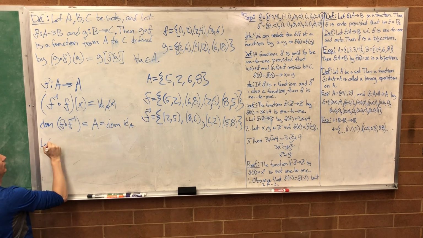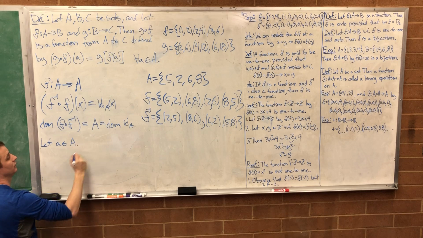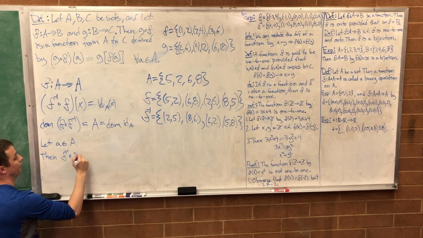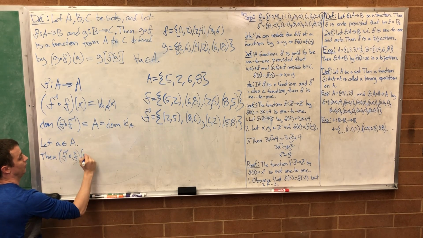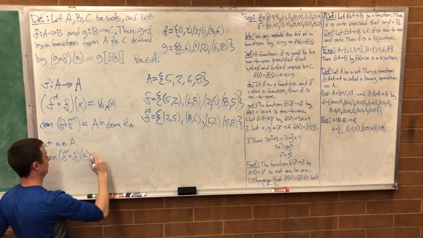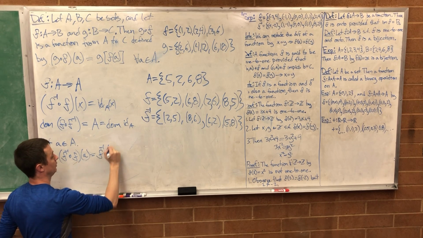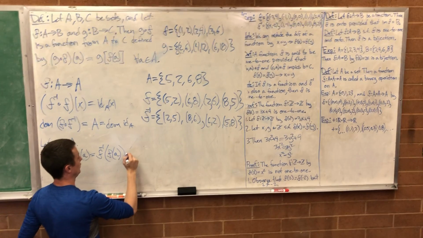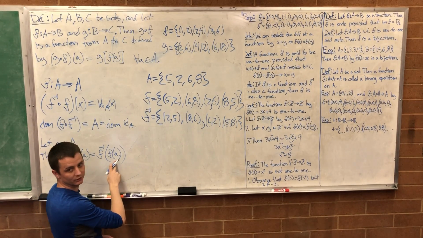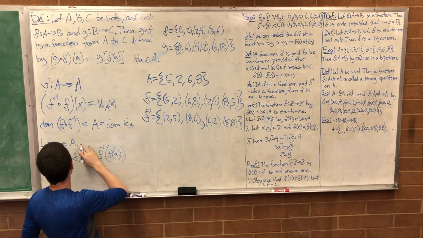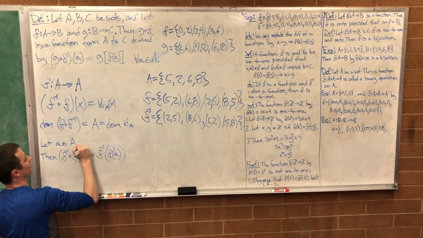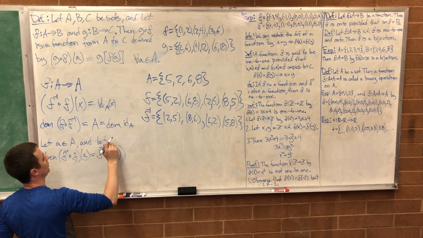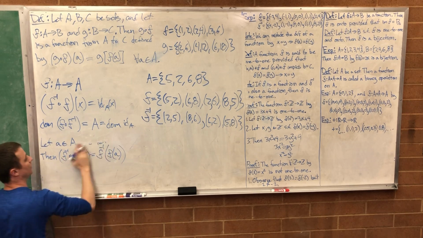So then we say, let A in A, then F inverse composed with F of A is going to equal F inverse of F of A. We need to specify whatever that thing is going to be. Maybe there's a simpler way to do this.